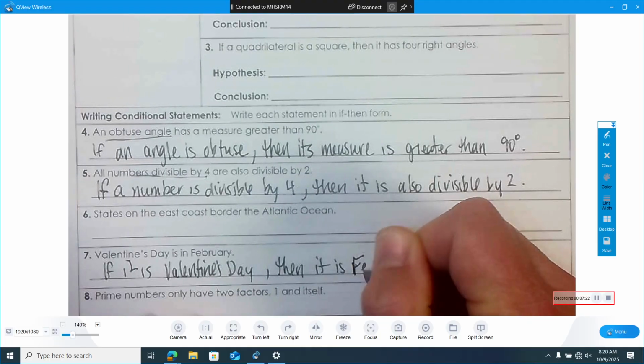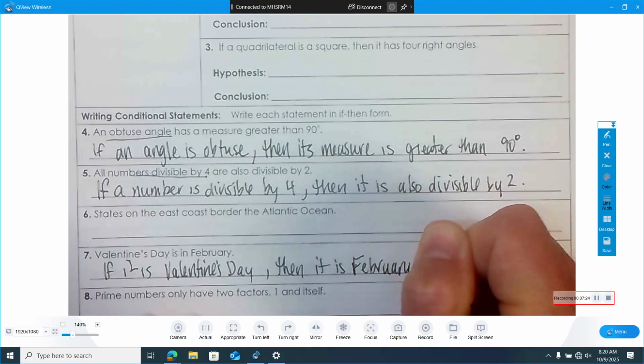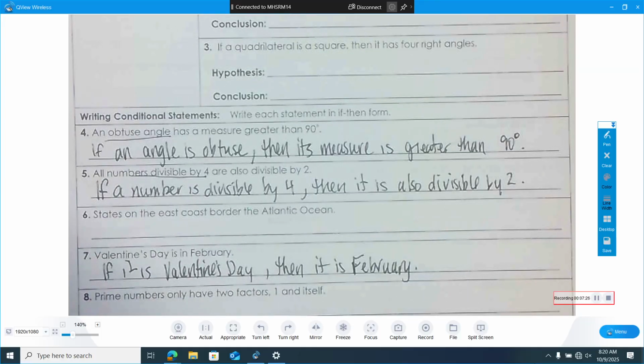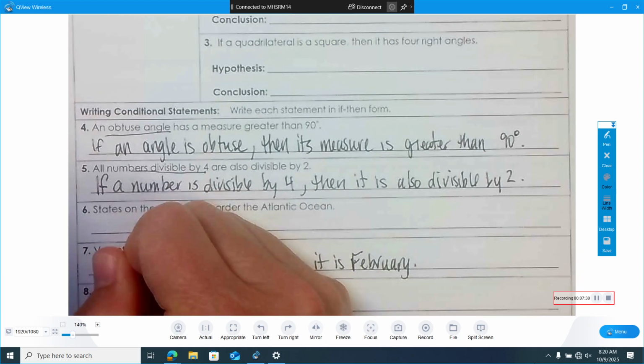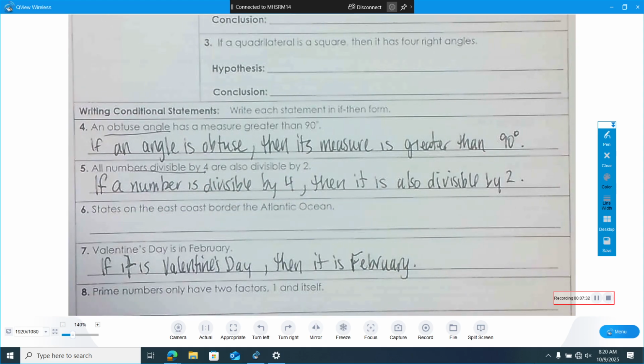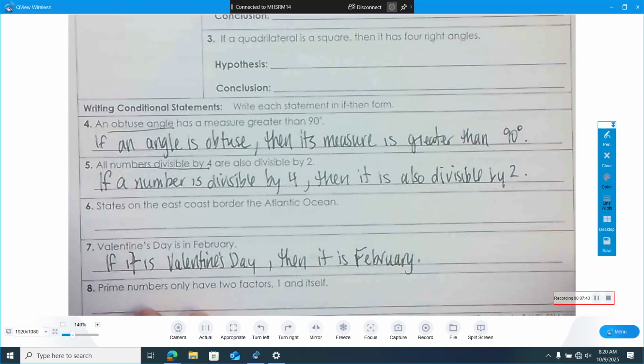All right, very good. Okay, are we okay with writing if-then conditionals? If it is Valentine's Day, then it is February. All right, so if, comma, then, this is a conditional statement. Okay, great.